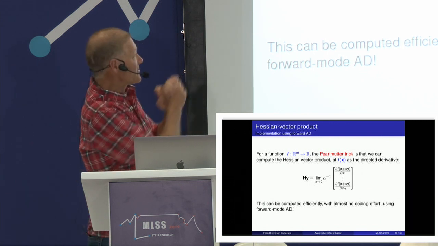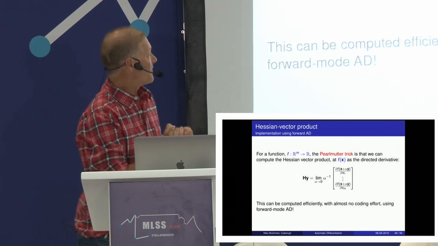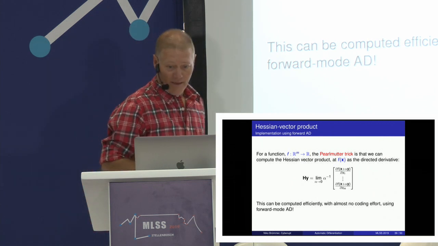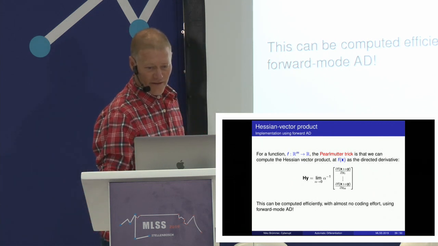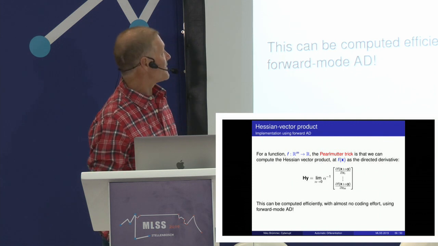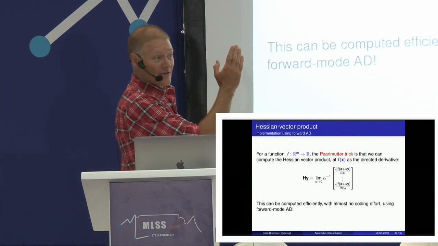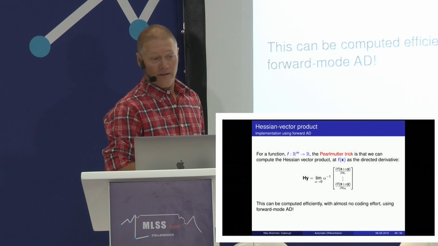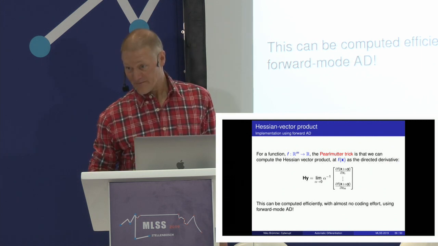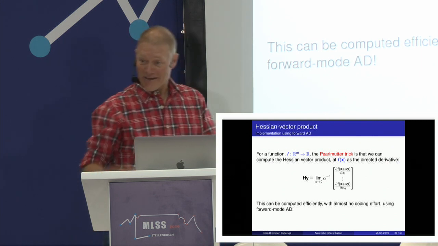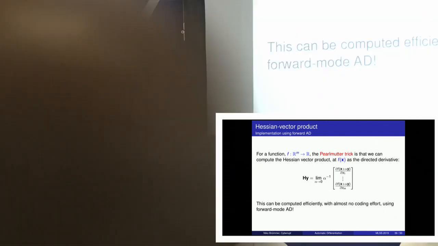So alpha here is a scalar. If we just look at this vector here in the square brackets, if alpha would be 0, then that would just be the gradient. So we can calculate gradients with TensorFlow.